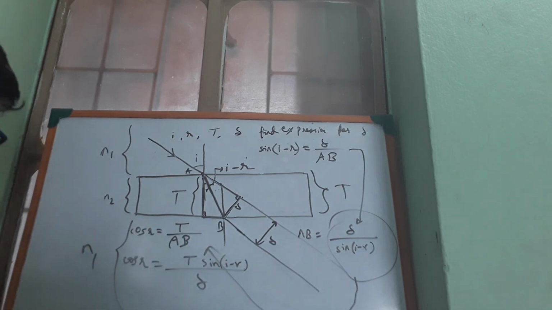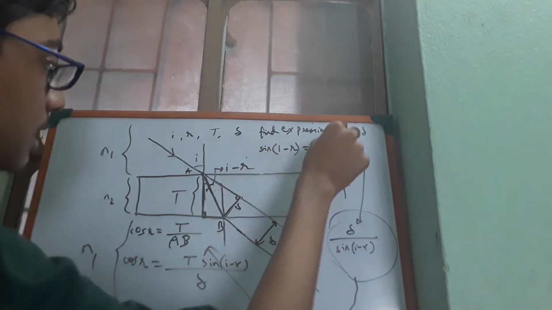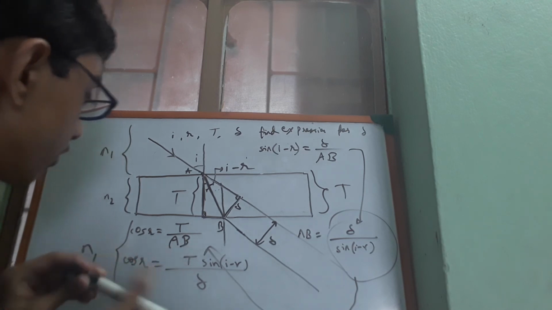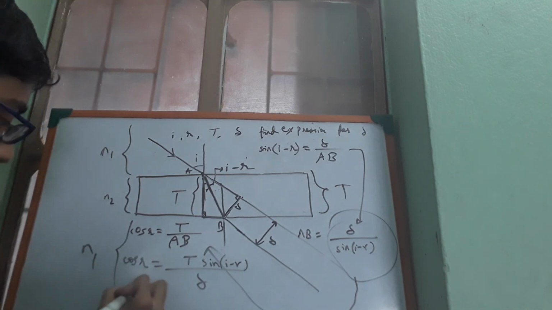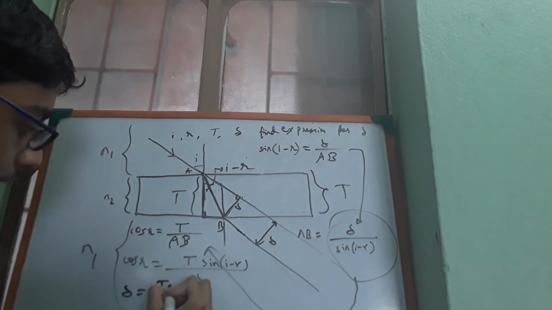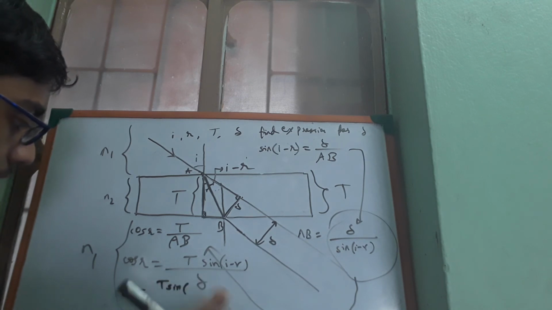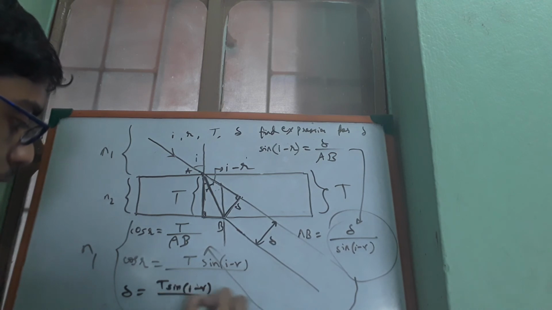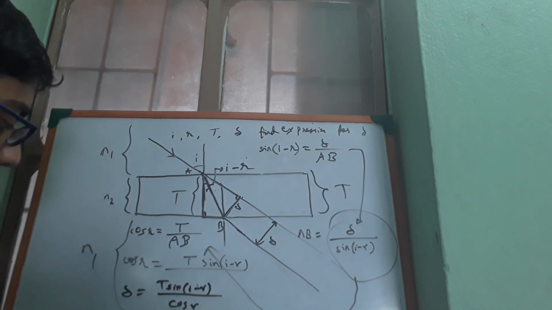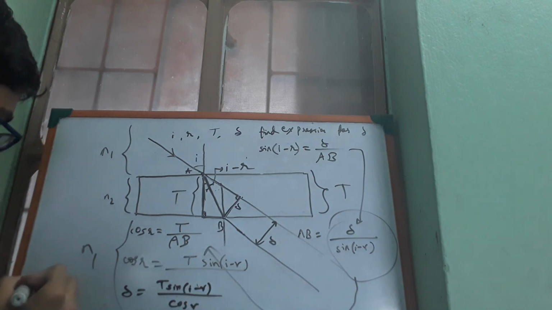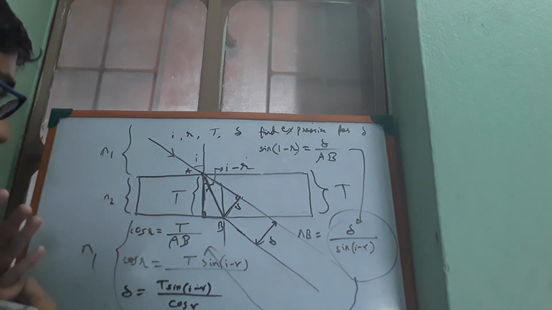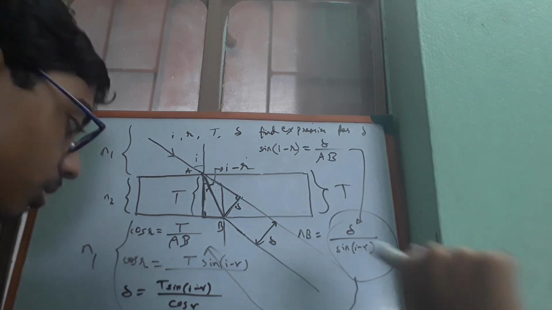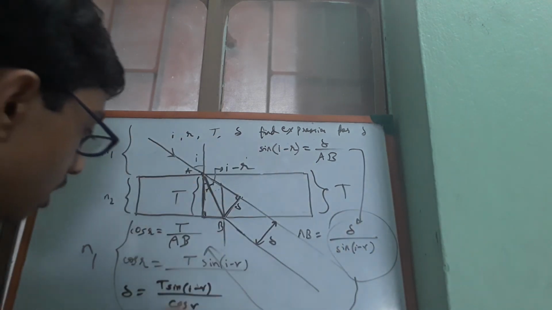So what was our aim in this video? To find an expression for lateral displacement in terms of the thickness of the medium. Just cross multiply, and we see that del will be T sine of I minus R divided by cos R, where del is the lateral displacement, and T is the thickness of the denser medium when light is moving from a rarer to a denser medium and exiting the denser medium into the same rarer medium, like in this situation.